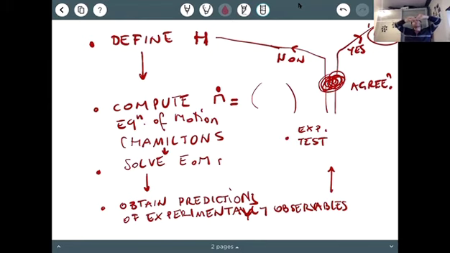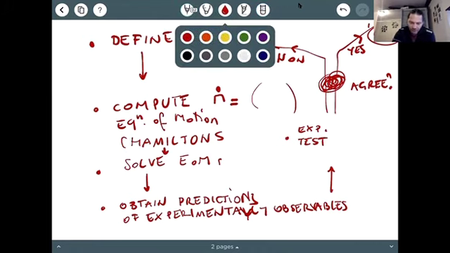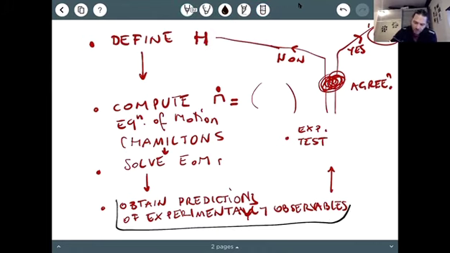The second ingredient was a recipe to build the equations of motion of the system, and this idea of using the Hamilton's function and then taking the derivatives of the Hamilton's function in order to get equations of motion is exactly covering this main point. But there's a third ingredient that we implicitly used when we were working out this diagram here on this board.